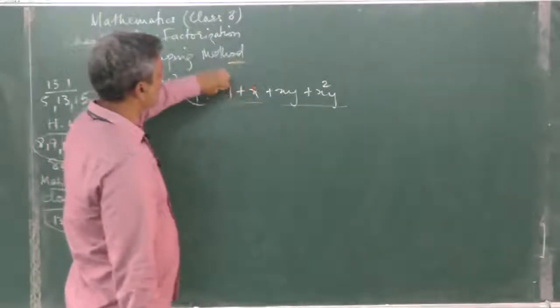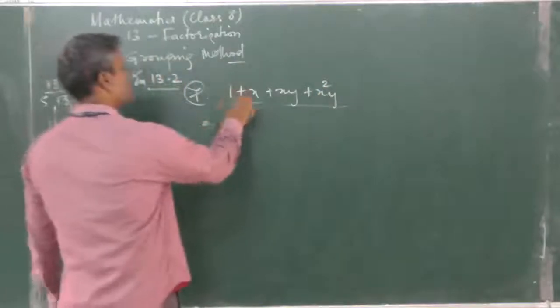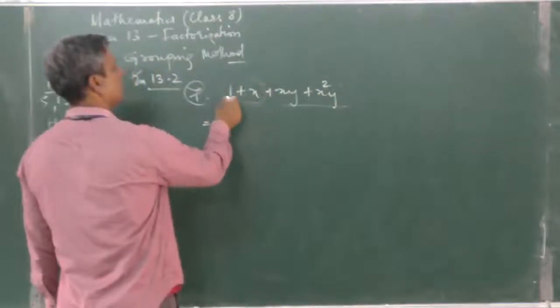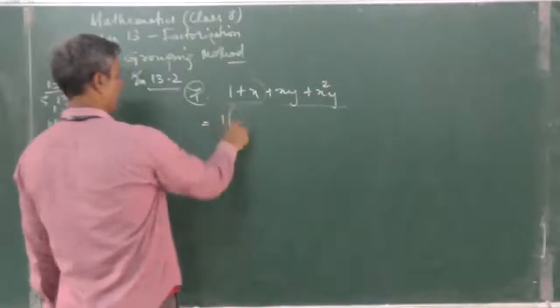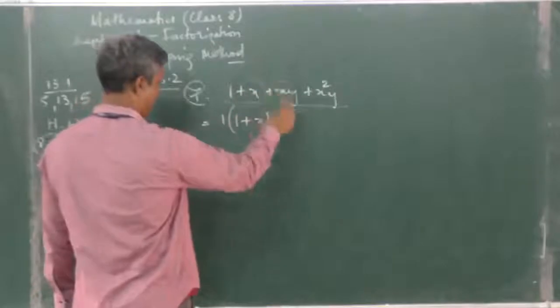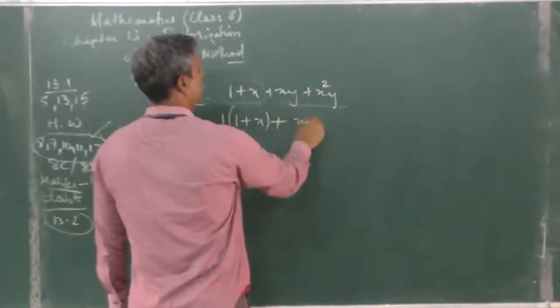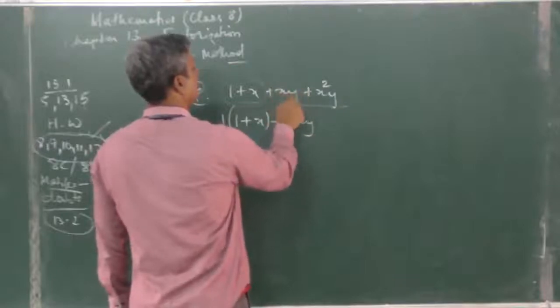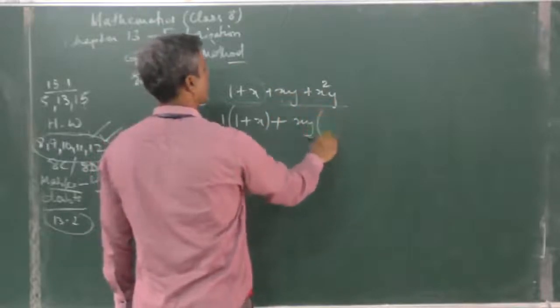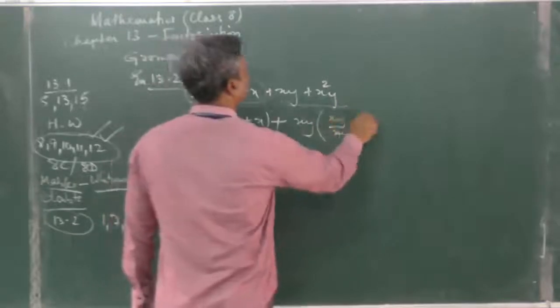Take 1 plus x in one group, xy plus x square y in the other group. What is common in this group? There is nothing common. Take 1. 1 into 1 is 1, 1 into x is x. What is common in this group? xy. xy, x is here, y is also here. So then if you don't know how to do it, whatever you have taken common, divide by that.